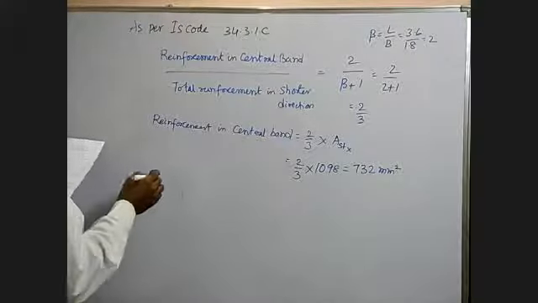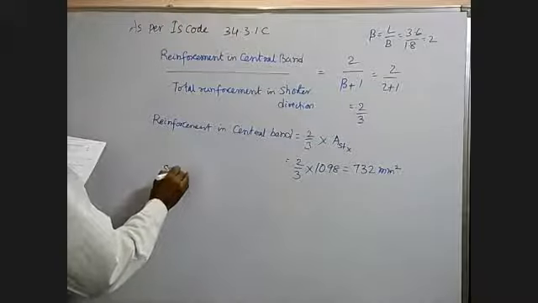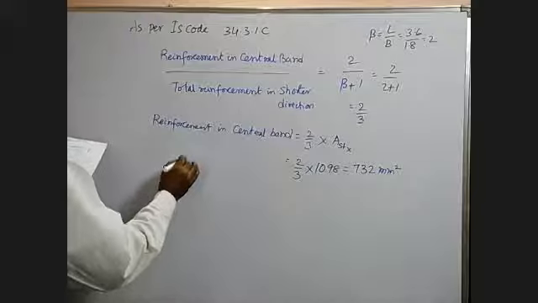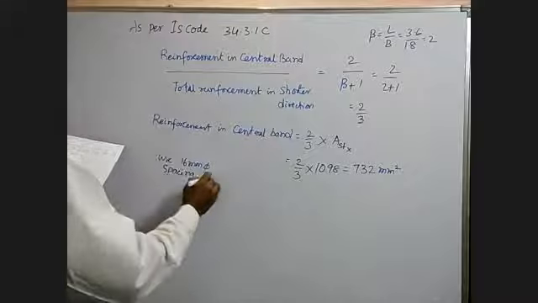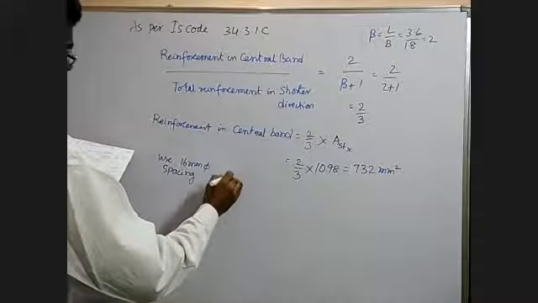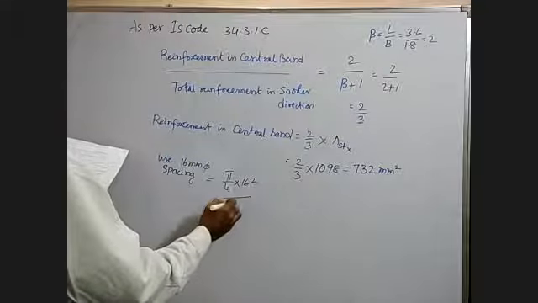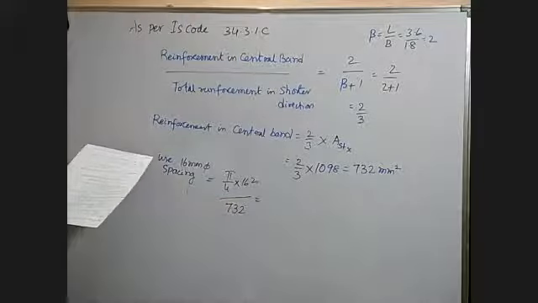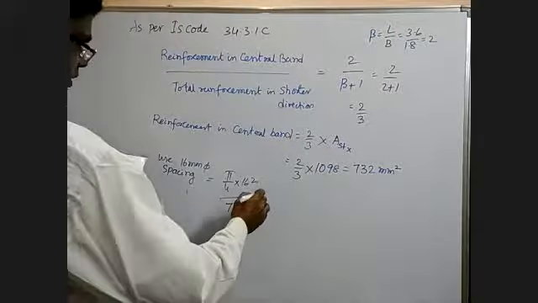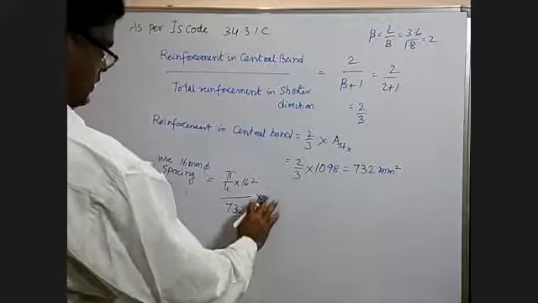Now for this central band, you find out the spacing using 16 mm bars. Pi by 4 into 16 square by 732, into B, B as 1800.